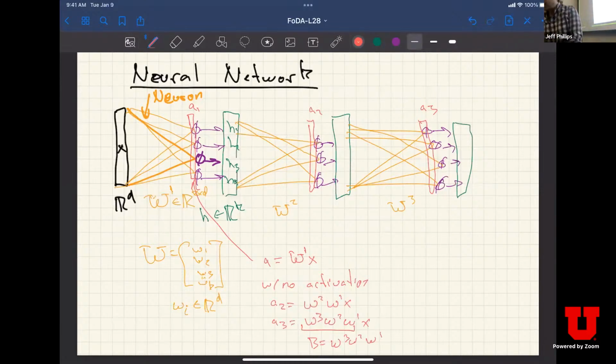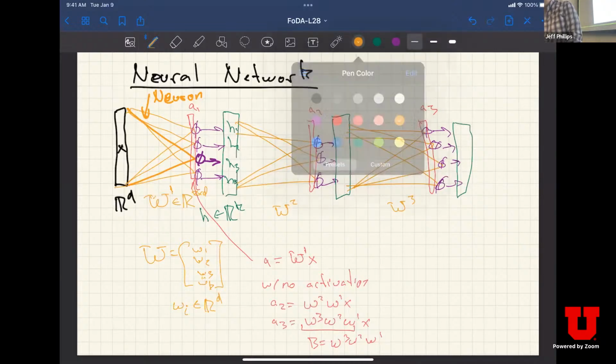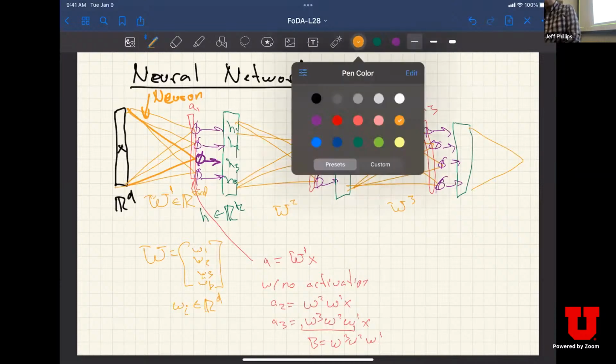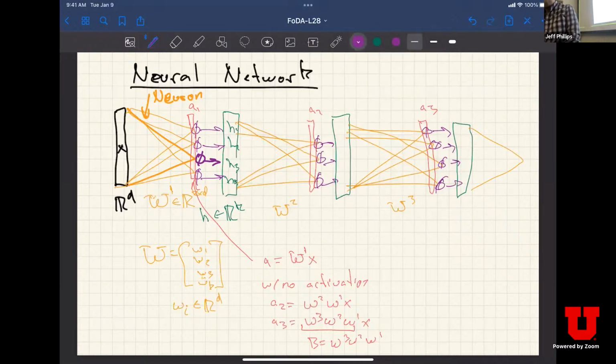Okay, at the end, I'll say also, I want to put one additional neuron, and then I have some threshold. I take the sign at the very end, right?